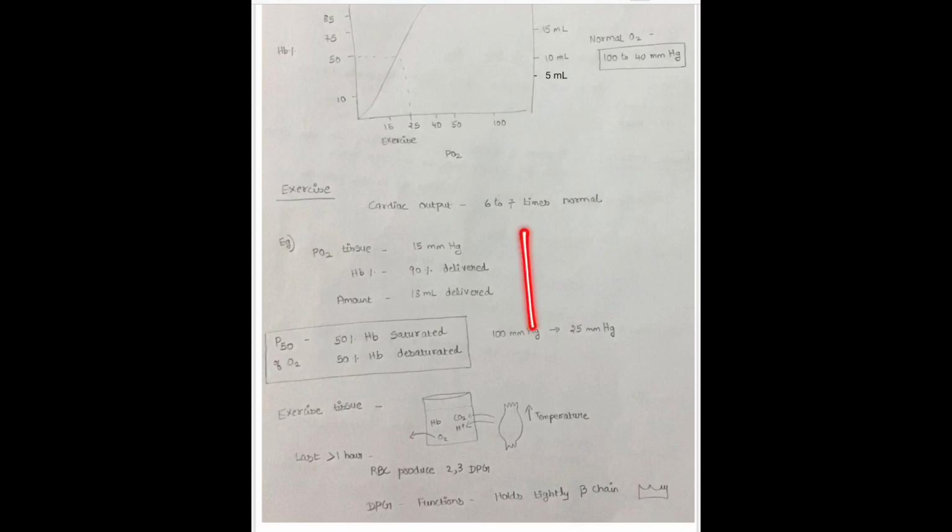So in an exercise tissue, let's consider this as an exercise tissue. In an exercise muscle, the temperature is increased. So if this tissue temperature is increased, oxygen molecules cannot stay inside the tissue.